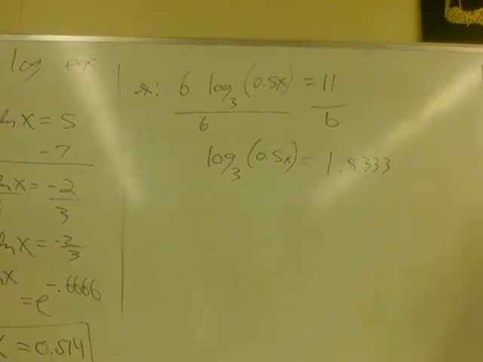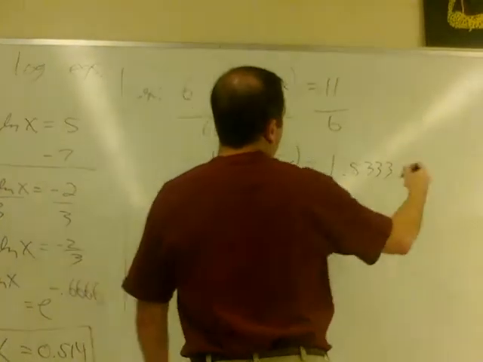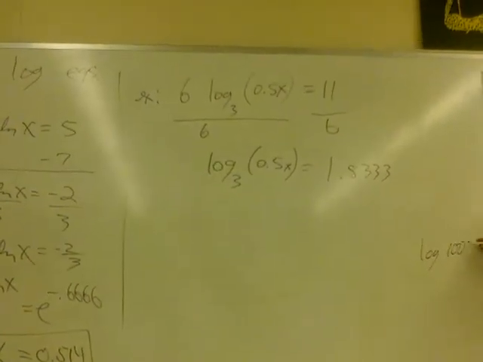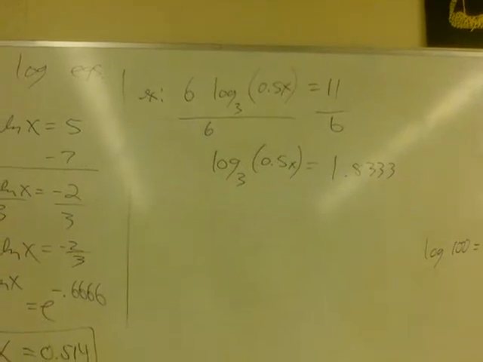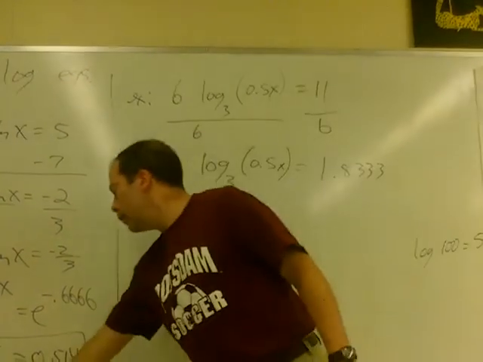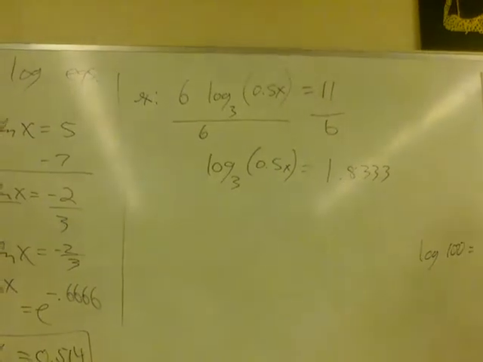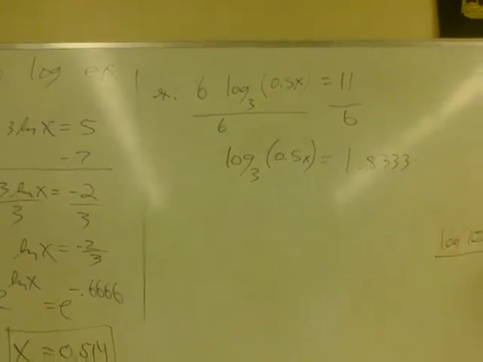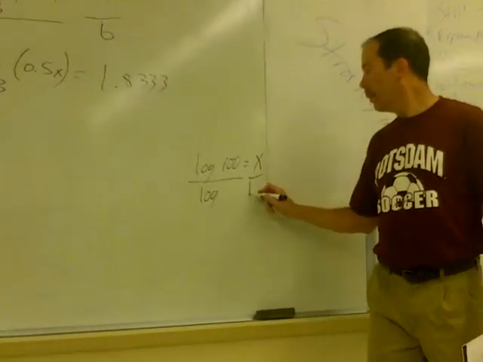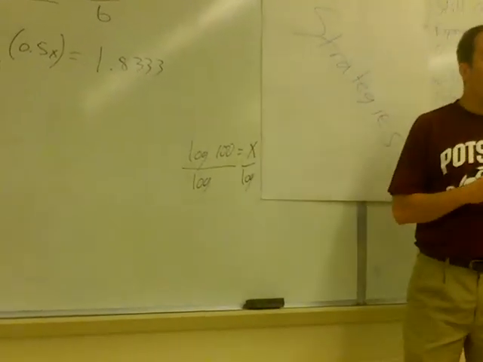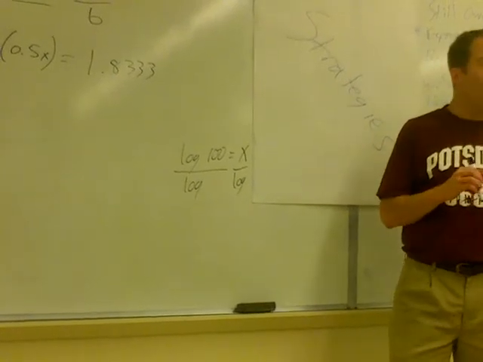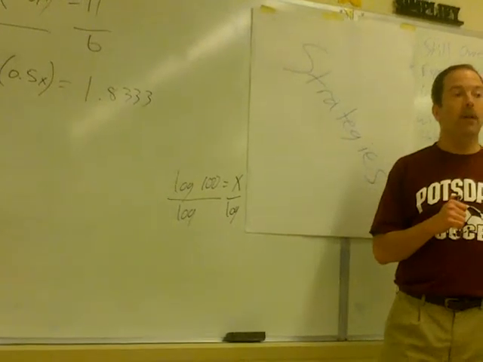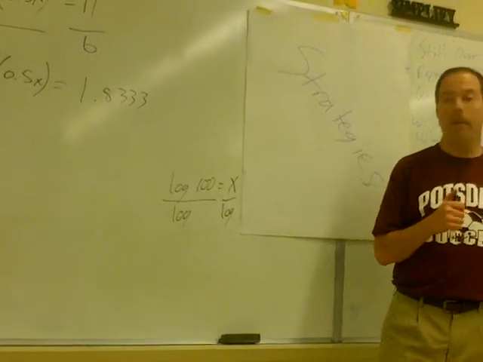That's actually a common mistake, and I want to talk about it right now. If I had log of 100 equals 5, or x, I can't divide by log any more than I can divide by square root, or divide by a plus sign.